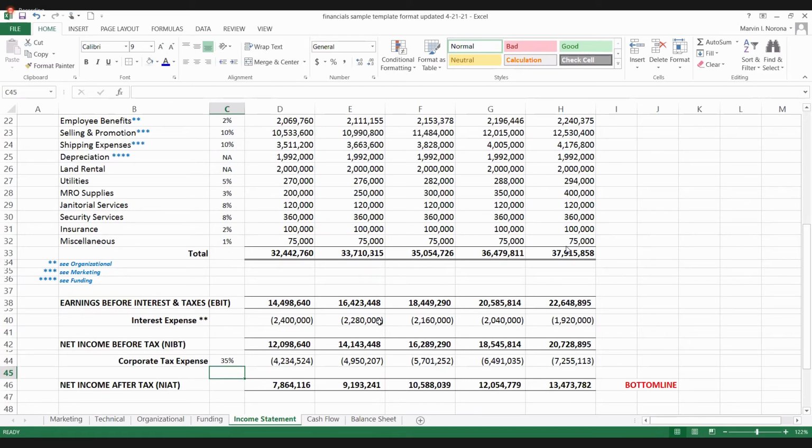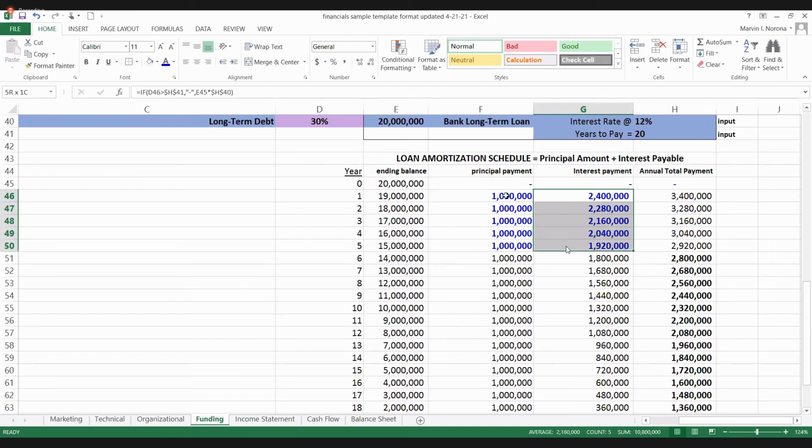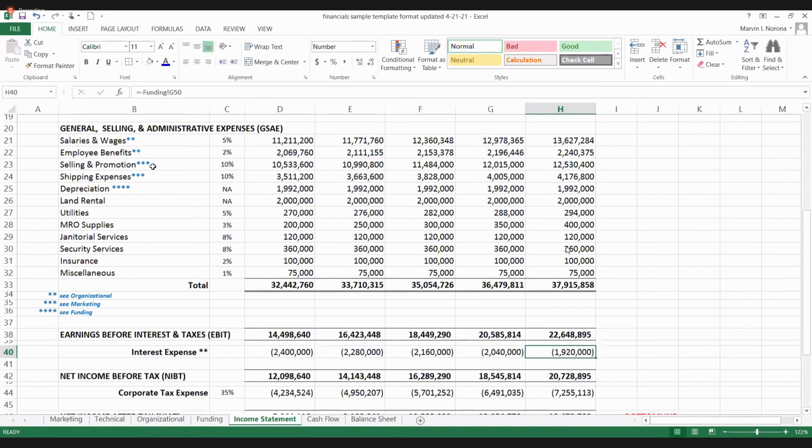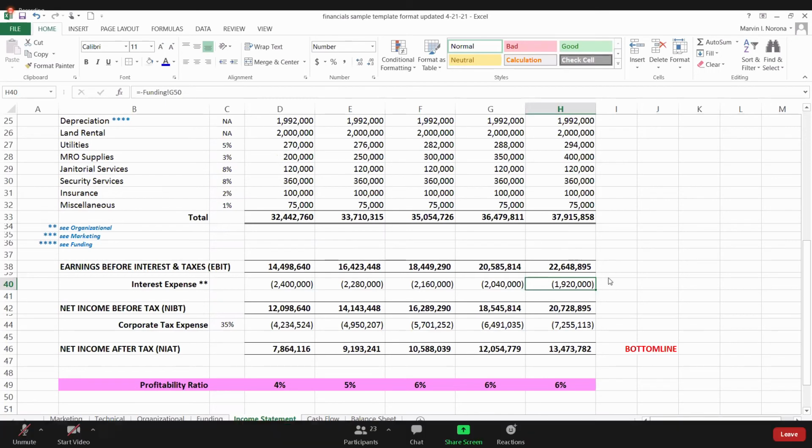Itong mga ito, nakikita ninyo rito, will be obtained from here. Ayan, ito yan, interest. Okay? You will not find the principal payments sa income statement. I repeat, wala rito yung principal payment. Cash out kasi yun eh.